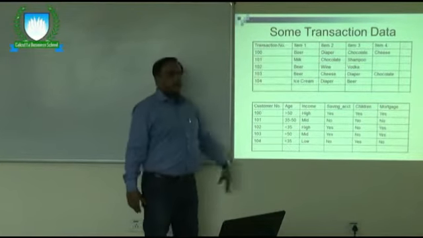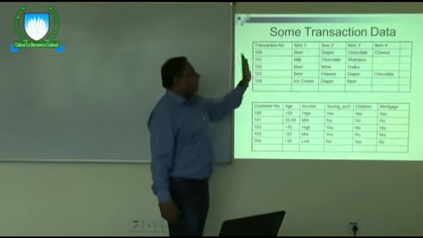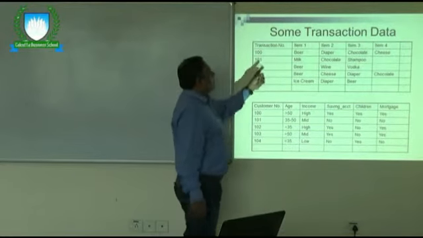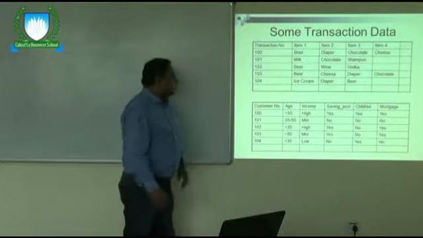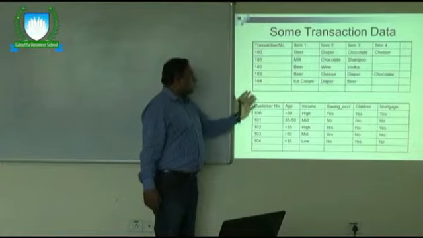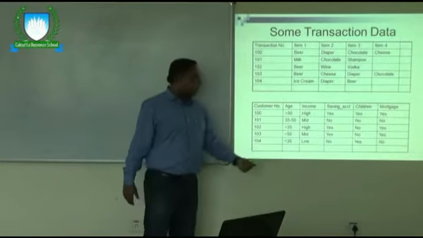Each transaction has got an ID or number. Then what are the items which are bought or purchased under that transaction? So item 1, item 2, item 3, item 4, there can be a number of items. And then there is a customer number. So each transaction is associated with each customer, different customers.